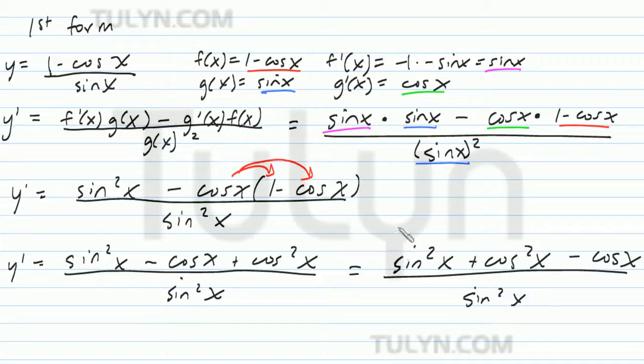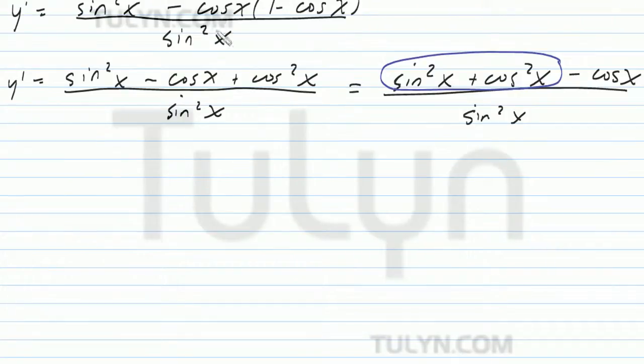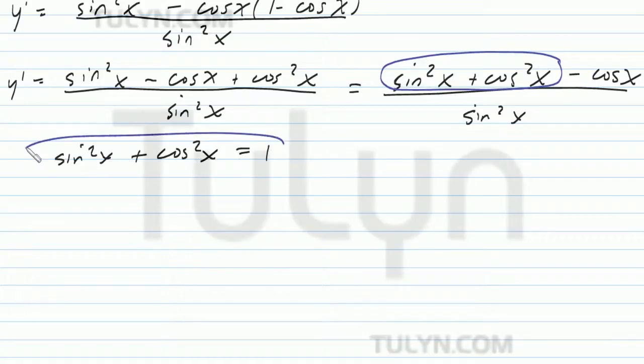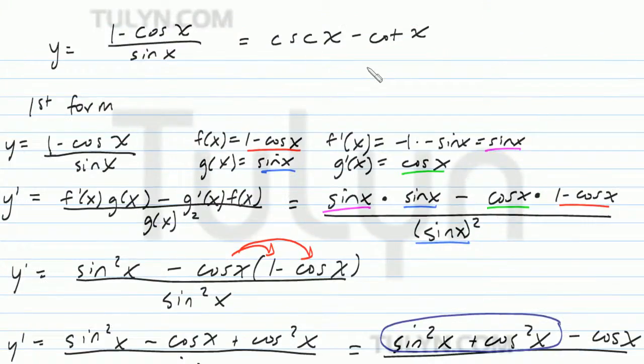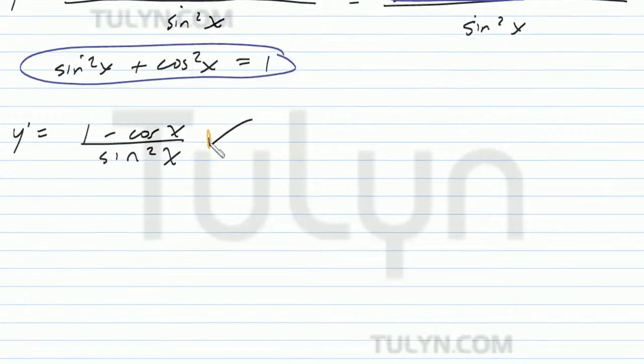So this right here is going to equal, using this trig identity, sine squared x plus cosine squared x equals 1. So y prime equals (1 minus cosine x) over sine squared x. So now notice how this matches the original. I'm checking the orange with the orange.